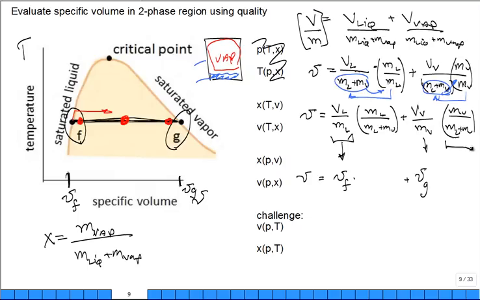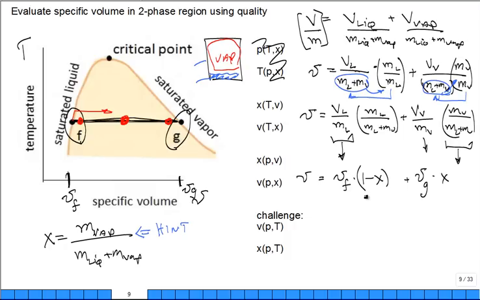What is this one equal to? Mass of vapor divided by the total mass: quality. And now the hard one, 1 minus quality. So if you're 90% quality, that means 90% by mass is vapor.